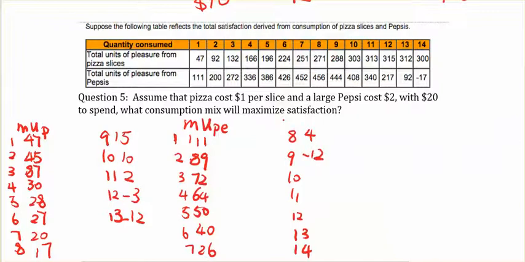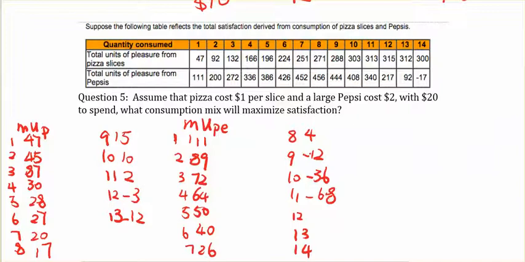Then 408 minus 444, and we got negative 36. Then 340 minus 408, and we got negative 68.